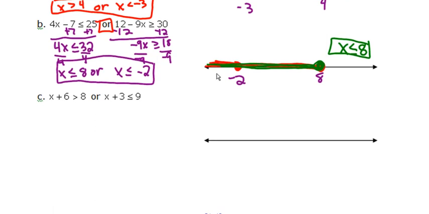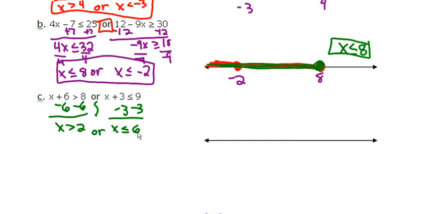This one, again, it's an OR. I'm going to separate them. I minus 6. I get x is greater than 2. I minus 3. I get x is less than or equal to 6. So this is an OR. So on my number line, the smaller number is 2.